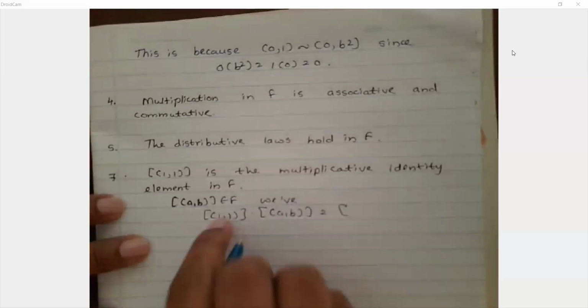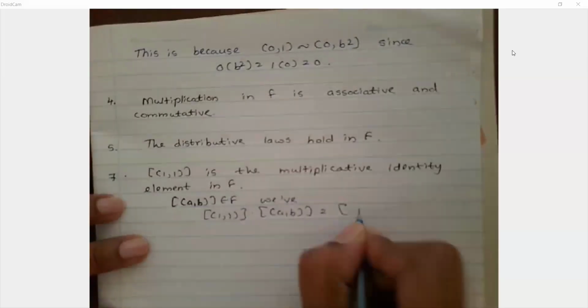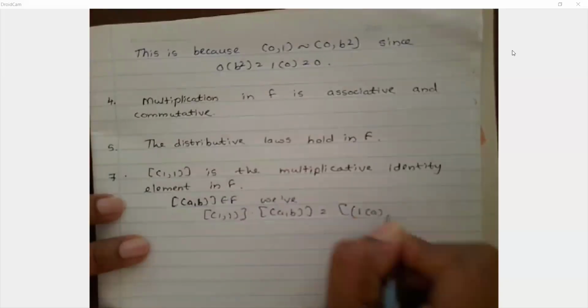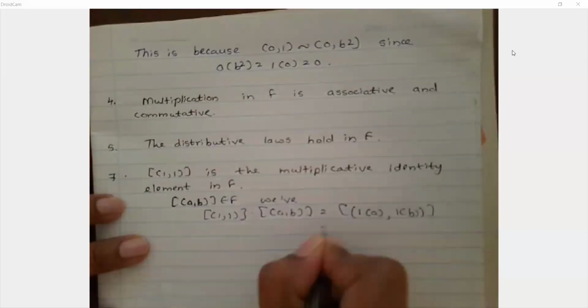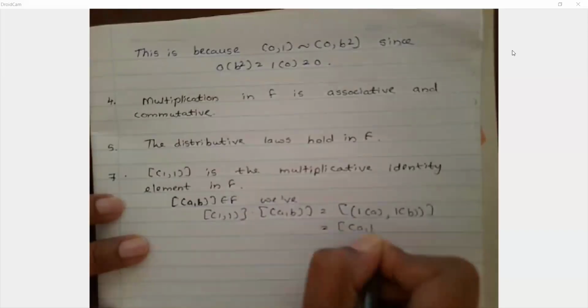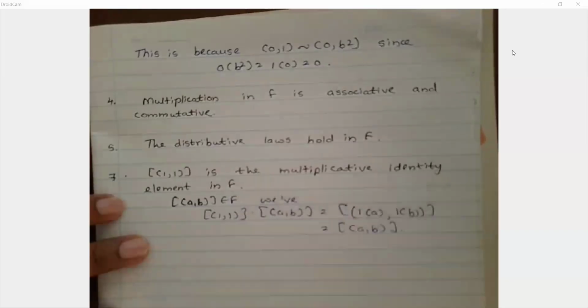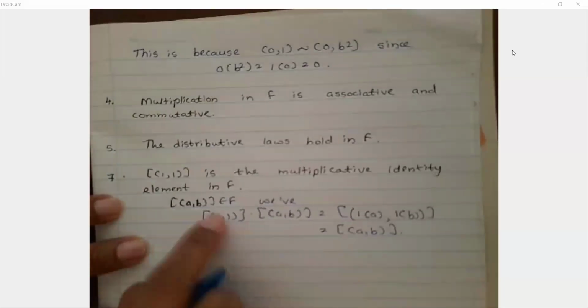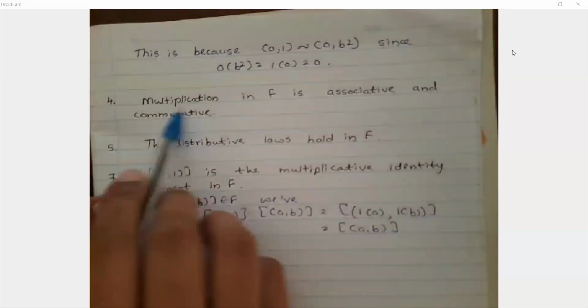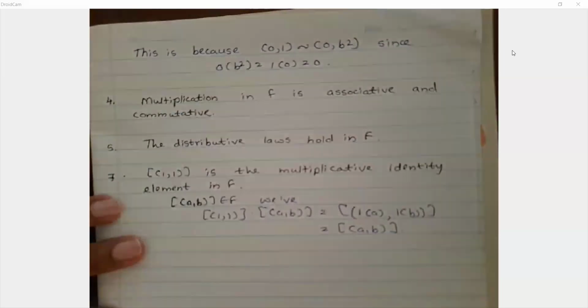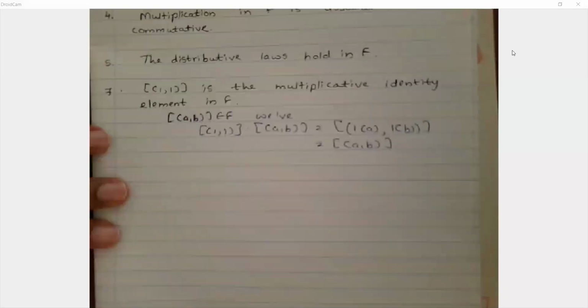We have this to be 1 times A, comma, 1 times B. This is simply AB. Right? And you can commute these two also and see the same. Because we have already said multiplication is commutative, you don't have to do that part.